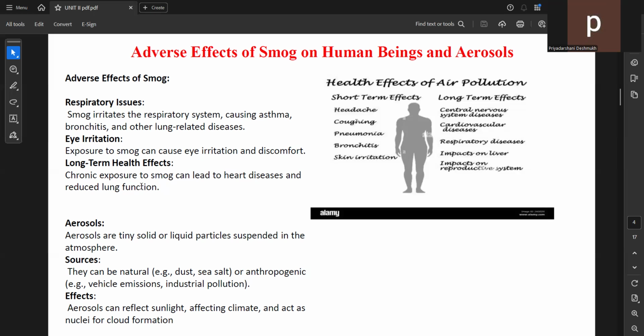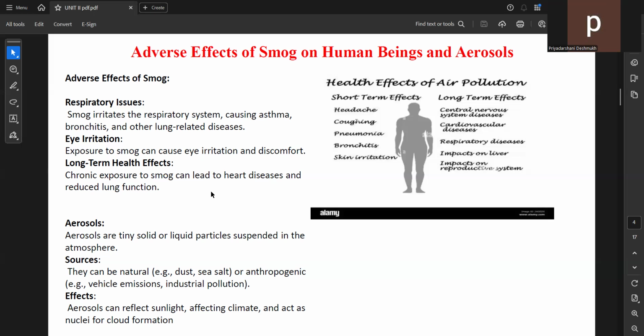So these are the chronic exposure effects due to the smog and this type of pollution. We can see it in Delhi, in India. Delhi is the most populated area, where we see the air pollution is more than the other cities in India. So the next that we are going to see is the aerosols.